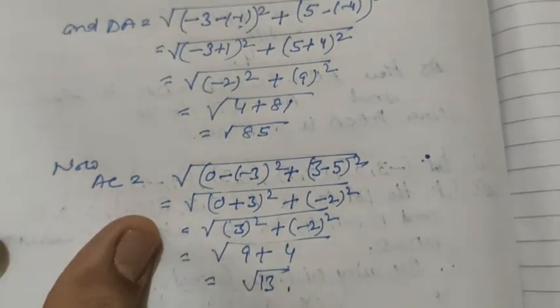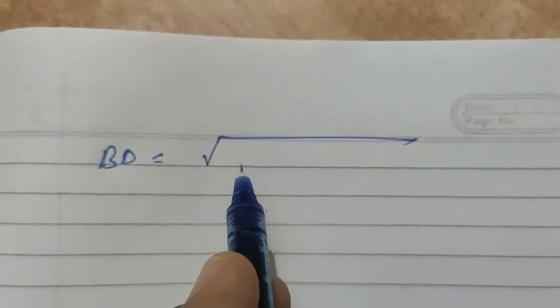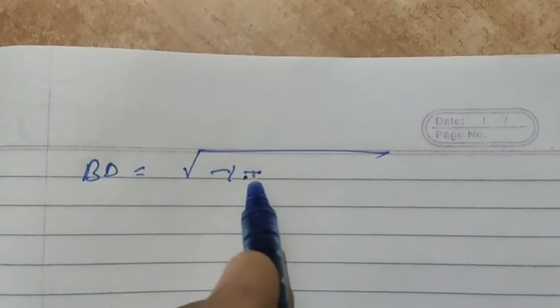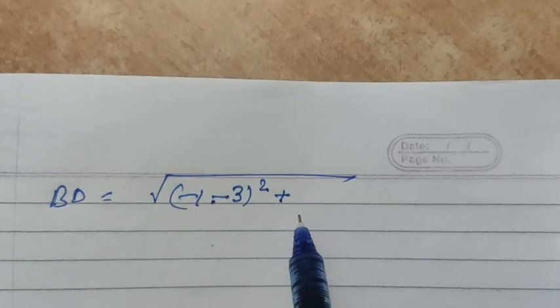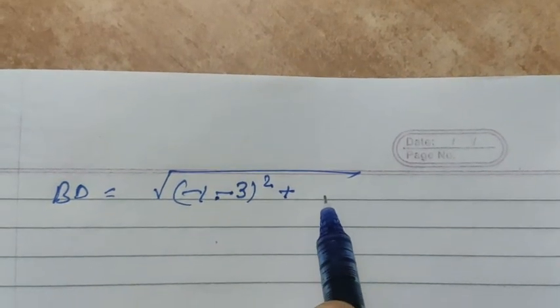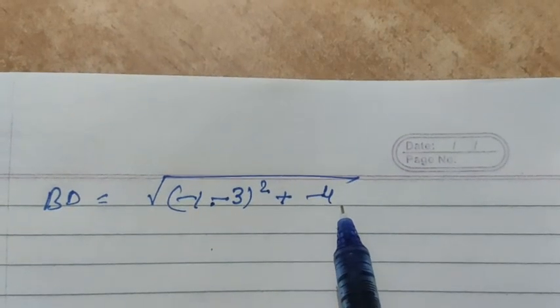Now the last part, diagonal BD. In diagonal BD, x4 minus x2. We have x4 as minus 1 and minus x2 will be minus 3. So this will be minus 1 minus 3 whole square plus y4, that is minus 4, and y2 is 1.